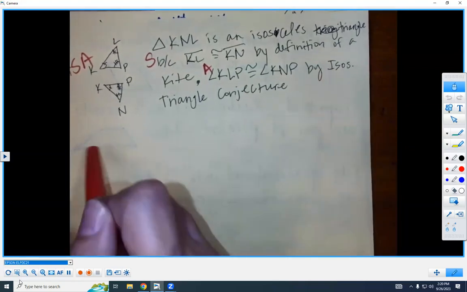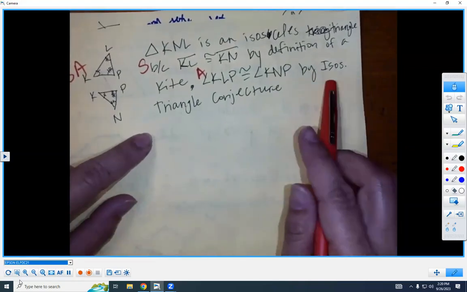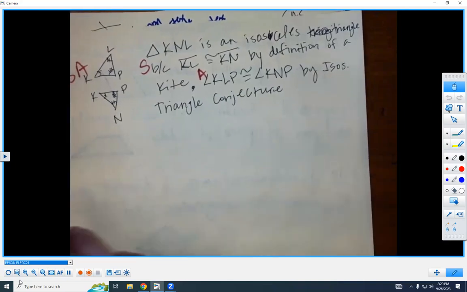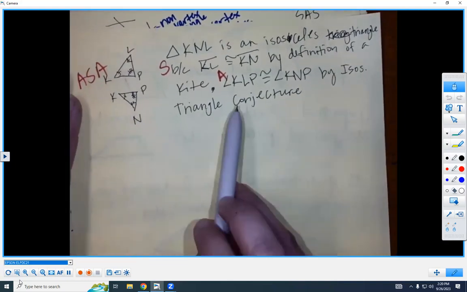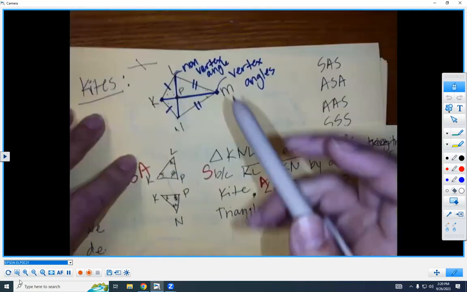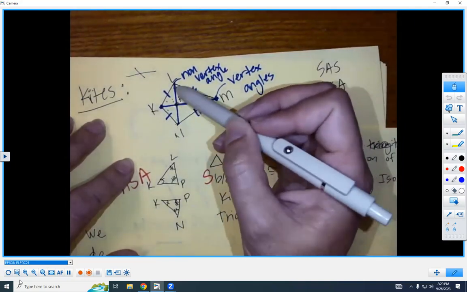Make it say isosceles and then TC. I'm fine with TC as long as you write isosceles or put that version of it. So that was an angle. We just got the top angle and the bottom.